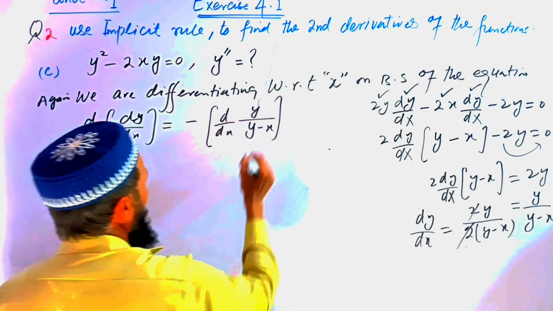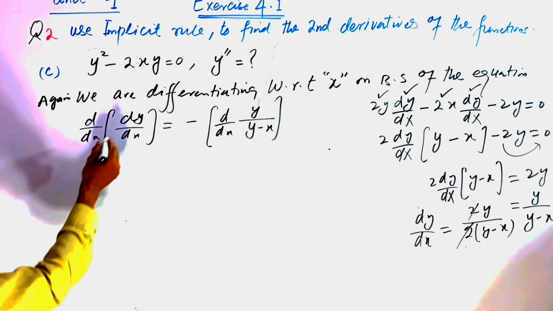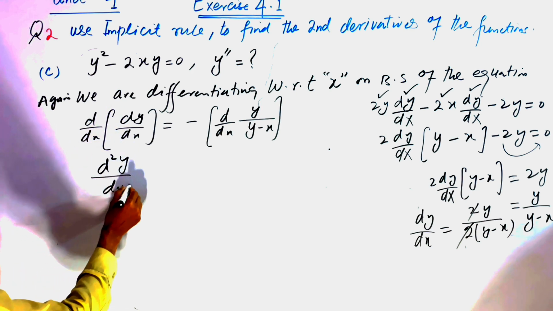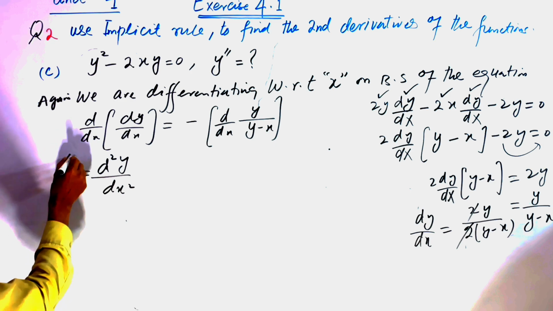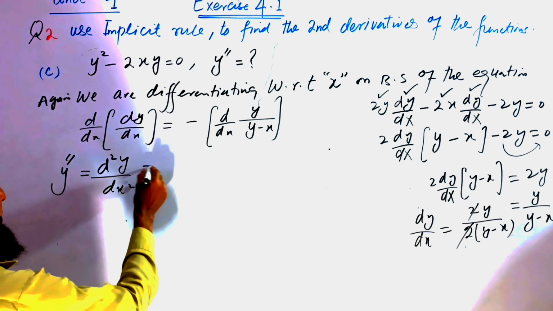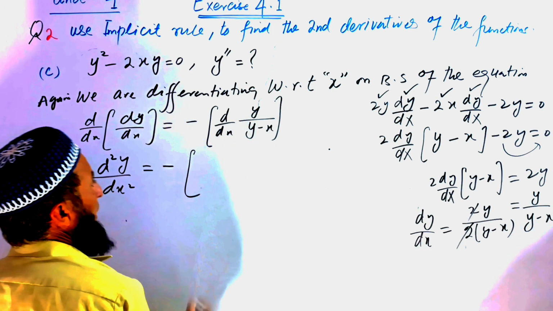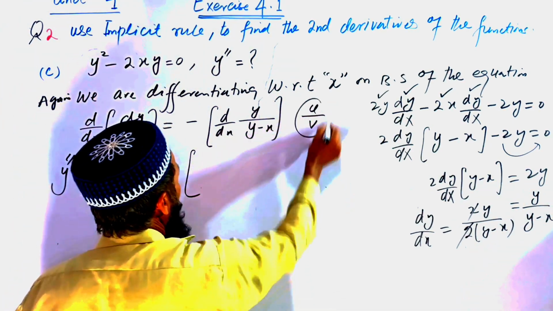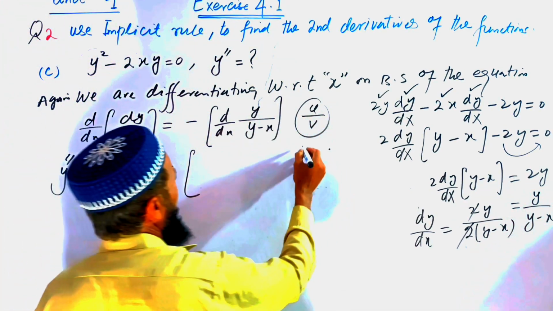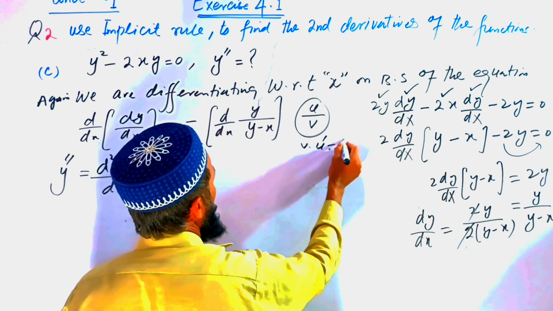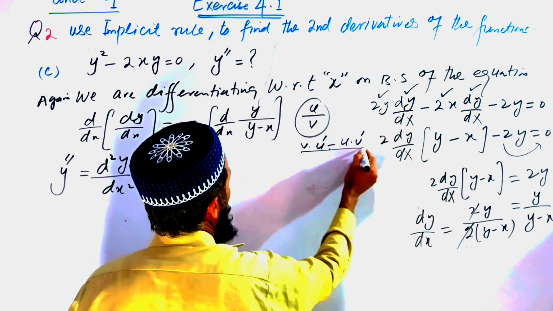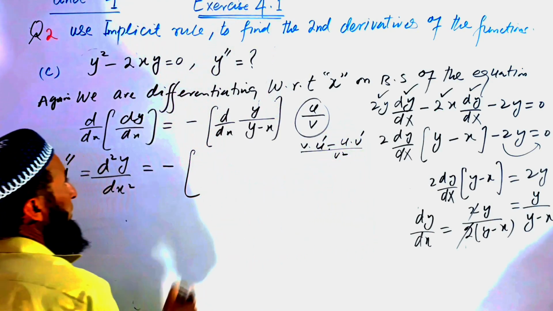We are using here the quotient rule. So we can write d square y by dx square, that is the second derivative, is equal to minus, here we are using the quotient rule, the division rule, u divided by v: v u dash minus v dash u, divided by v square, according to this rule.